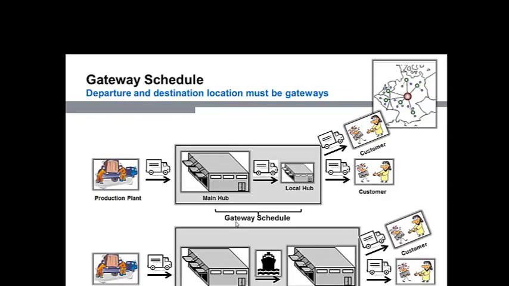For now, just remember, a gateway schedule is a schedule where the departure location and the destination location are gateways, and where through the customizing in the schedule you can maintain more data about the container freight station.